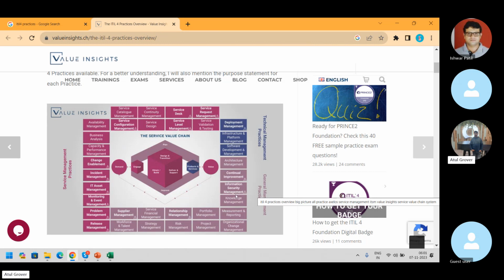You have to do almost all these things. If you want to open a new business, you have to do each and every thing, or maybe some of them. In a small business, things can be clubbed. In a big business, things can be scattered and handled by different teams. That is the reason they added this as general management practices.